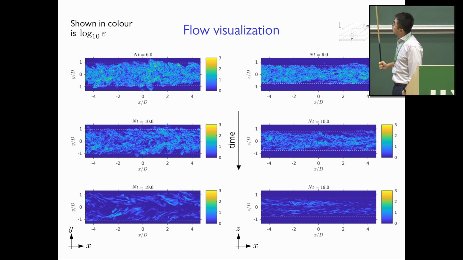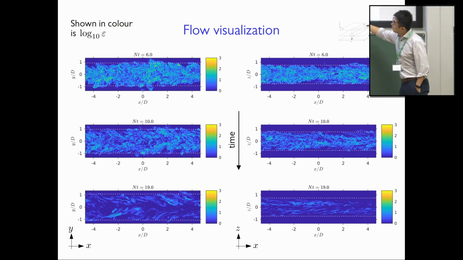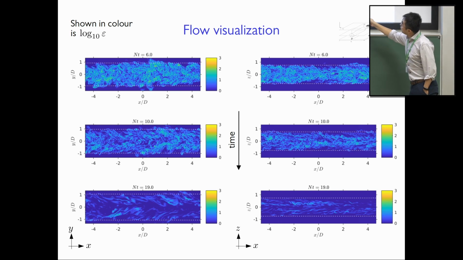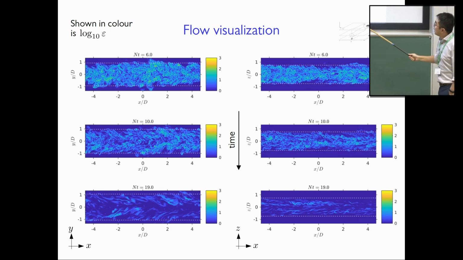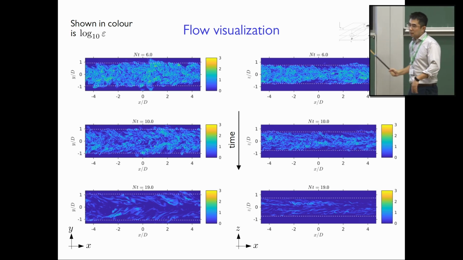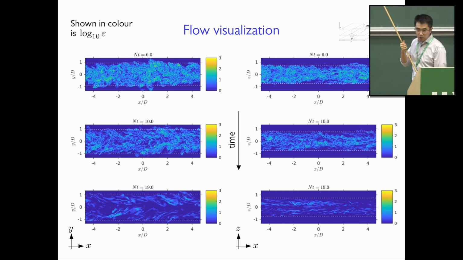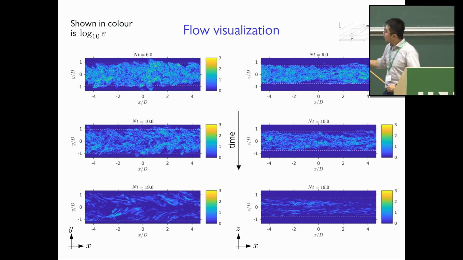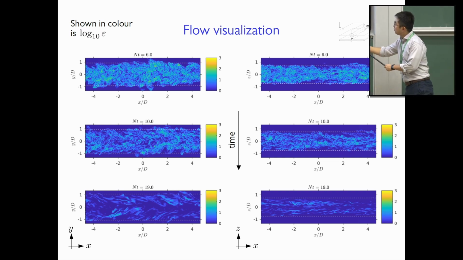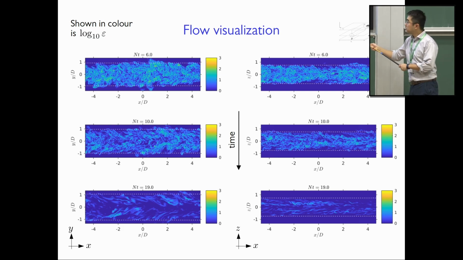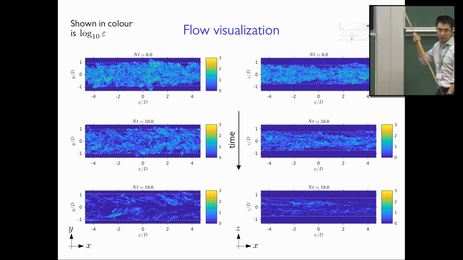You can see that dissipation is a very intermittent quantity. Even though you take the log of it, it's still very intermittent. As time goes on, you're having less and less dissipation in that flow. So the flow overall is out of balance and decaying, but locally you see all those signatures of active turbulence. Could this be the result of SOC?